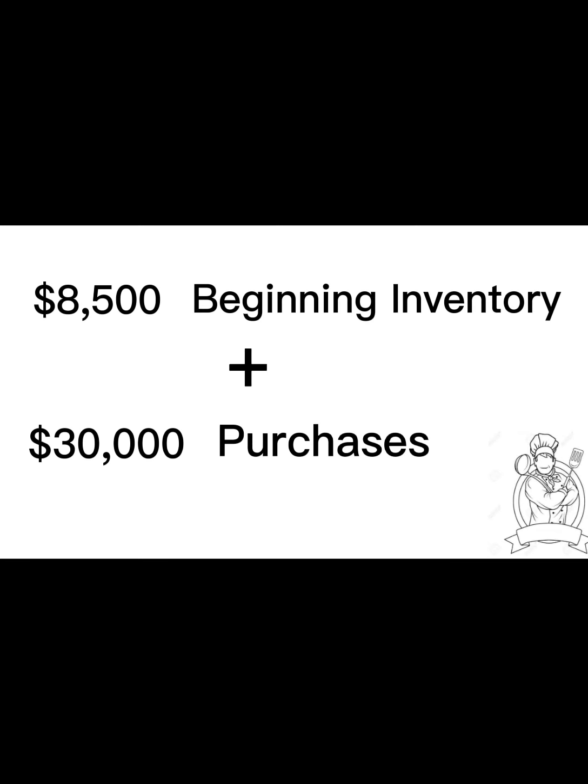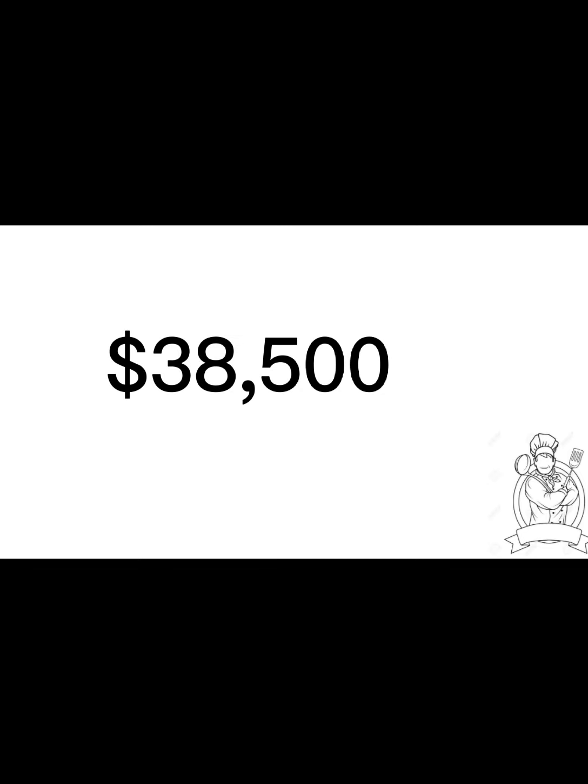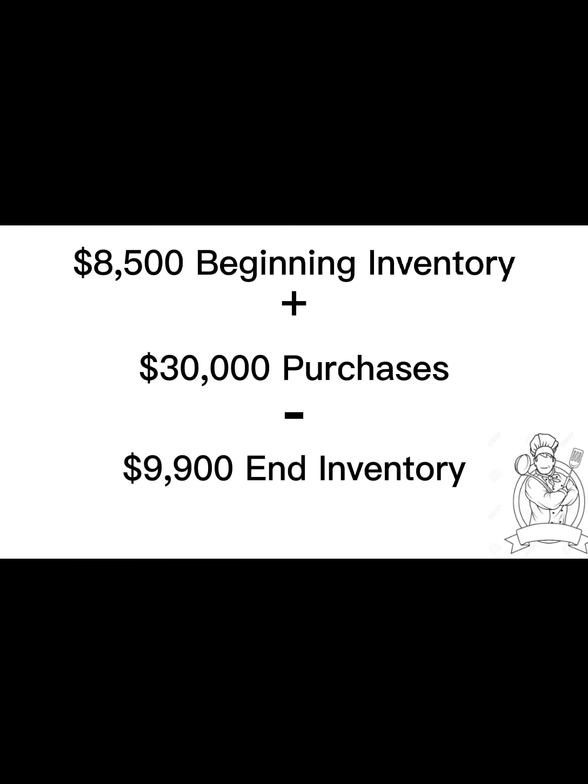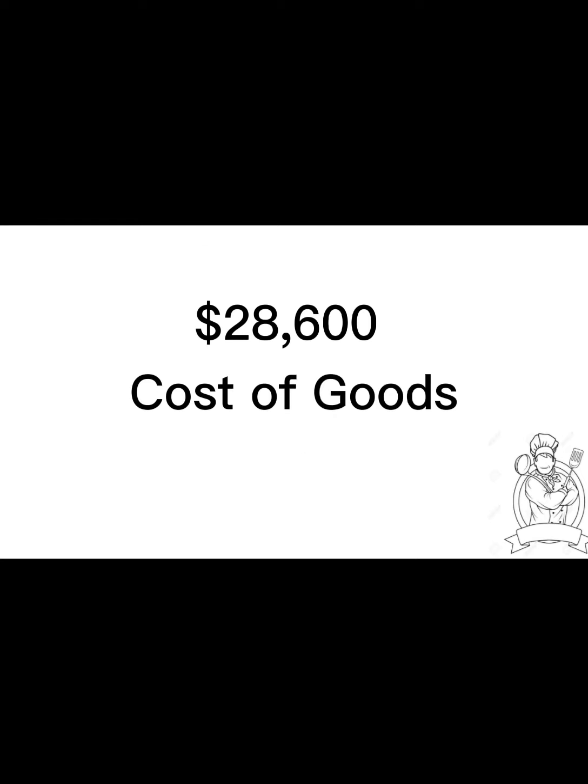So following the formula, we add $30,000, your food purchases, to the beginning inventory of $8,500, and we get $38,500. Now subtract the end inventory of $9,900 and you get your cost of goods sold, which is $28,600. There it is. Good job.